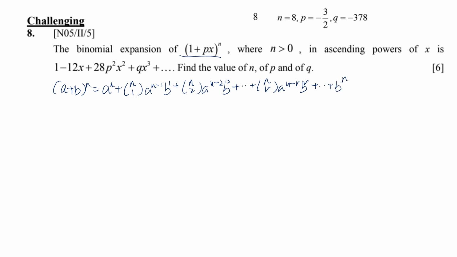Alright, so let's do a comparison. We can substitute your a to be 1, your b to be px, and n is just n. Alright, so now we can do our substitution.